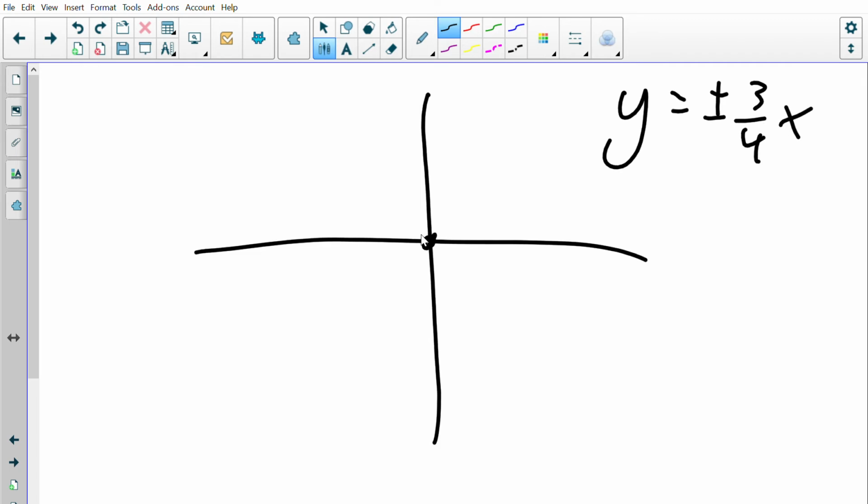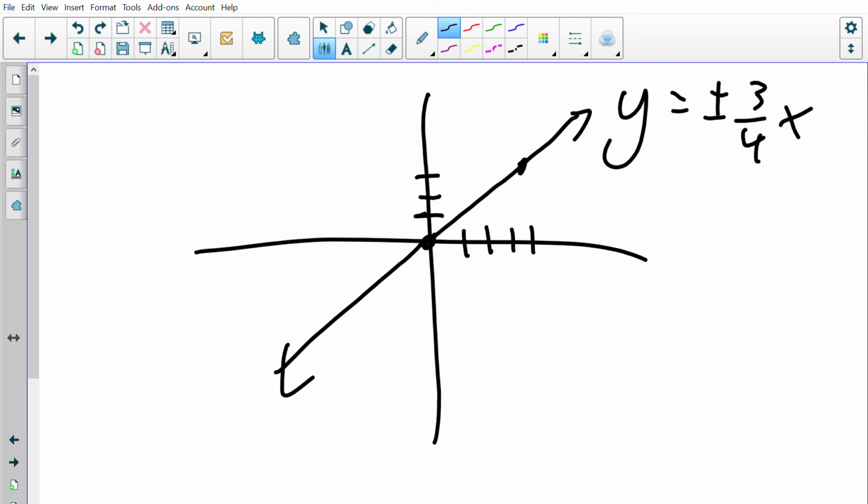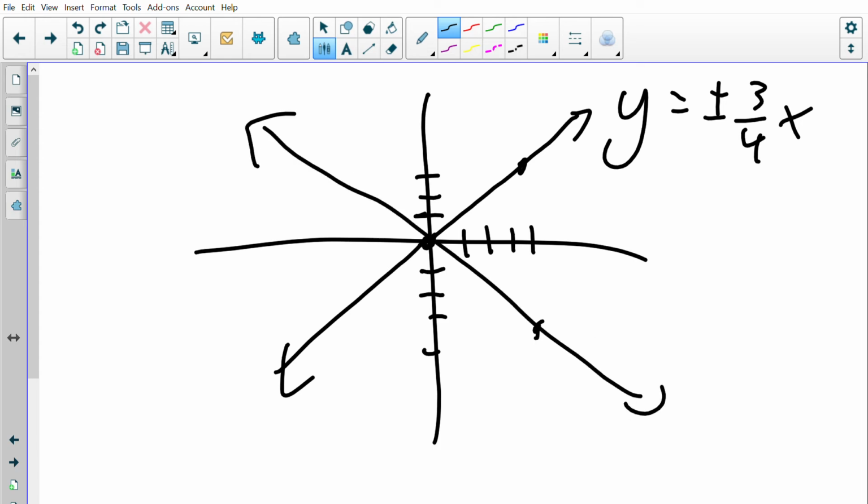So that means start at 0, go up 1, 2, 3 over 1, 2, 3, 4. There's my first line. Then it says minus, so down 1, 2, 3, 4 over 4. So there are my restrictions, my boundaries. And we said that our vertex was at 4 with a foci at 5.